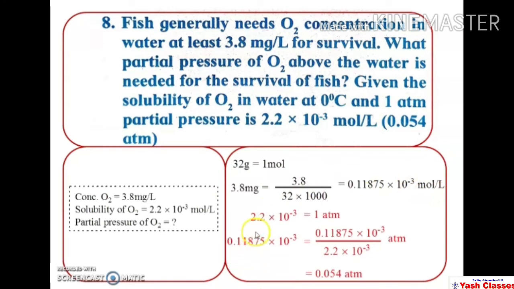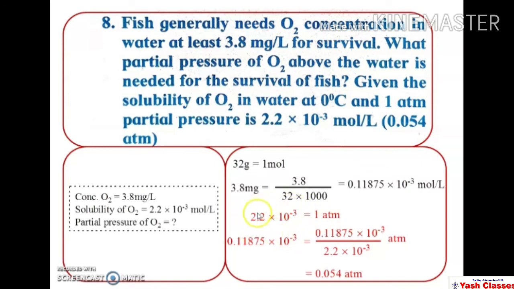Now the next part of calculation is, already it is given that at 0 degree centigrade and 1 atmospheric pressure, the solubility of oxygen is 2.2 into 10 raised to minus 3 moles per liter. Meaning of this is 2.2 into 10 raised to minus 3 moles of oxygen corresponds to 1 atmosphere.